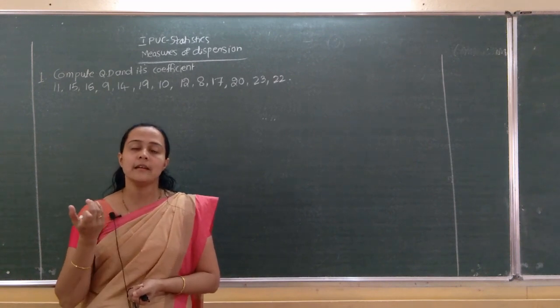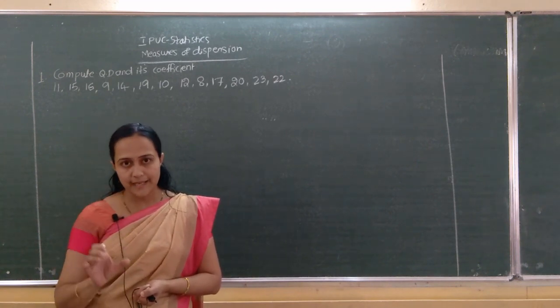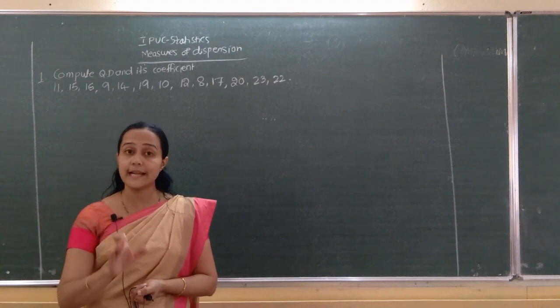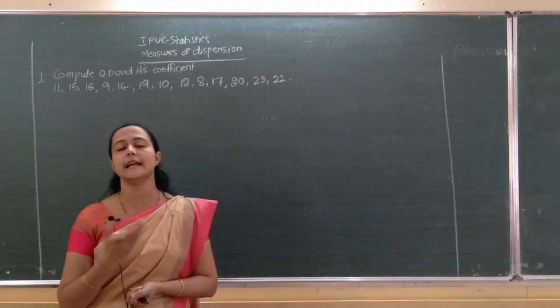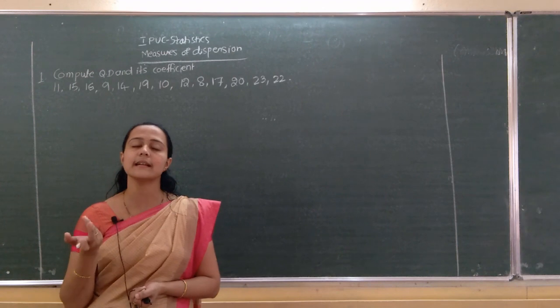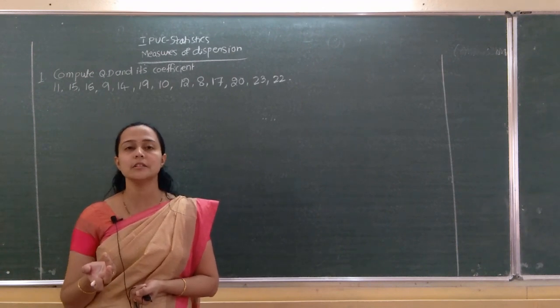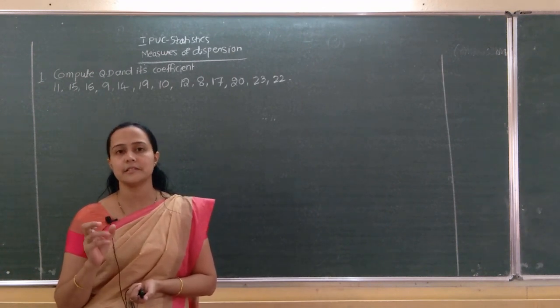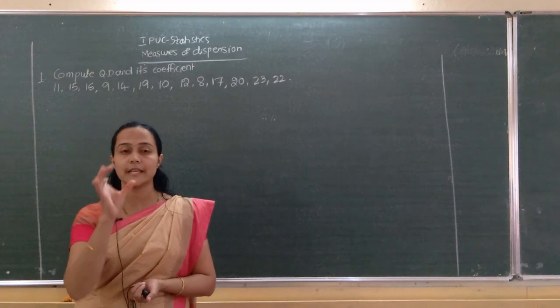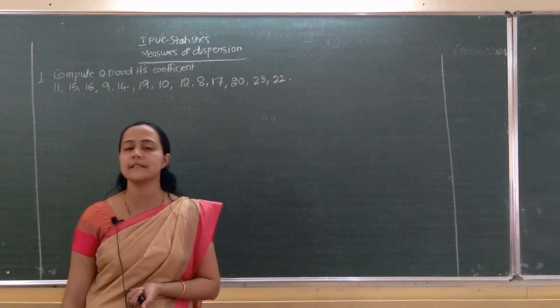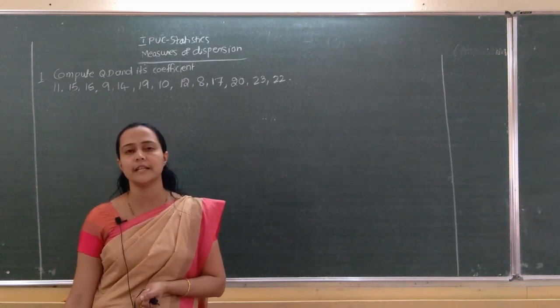Second, discrete series, where x values and frequencies are given. Third is continuous series, where class intervals and frequencies are given; at that time how to find QD.